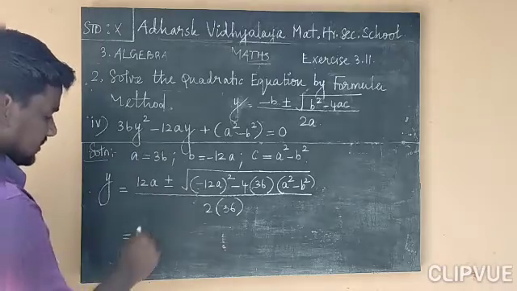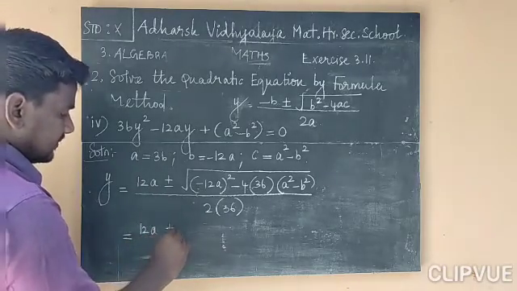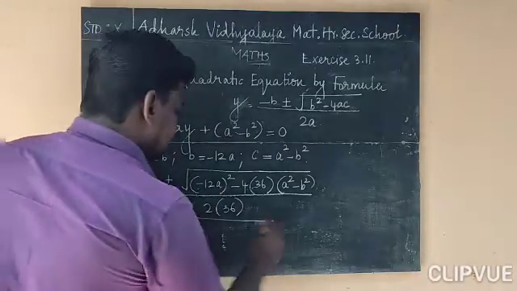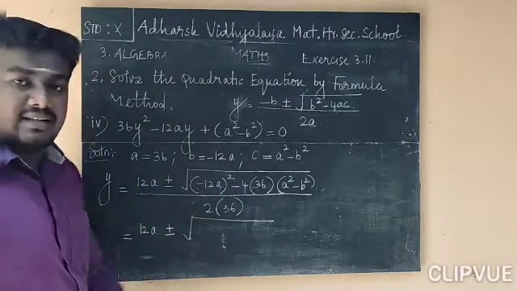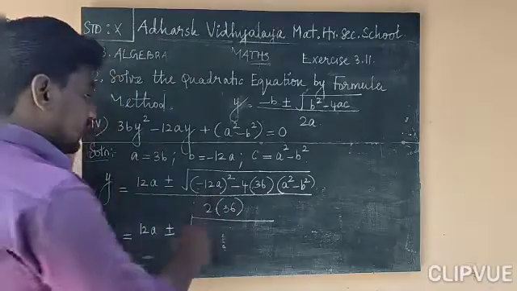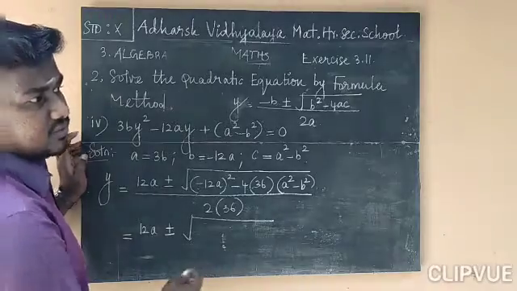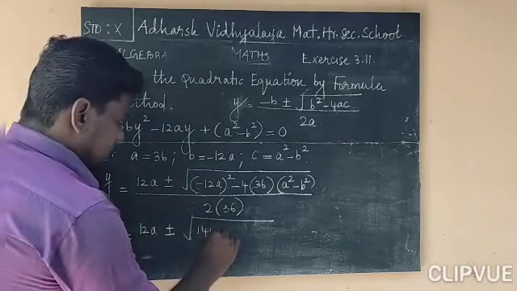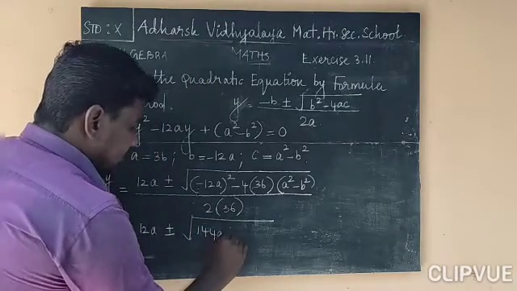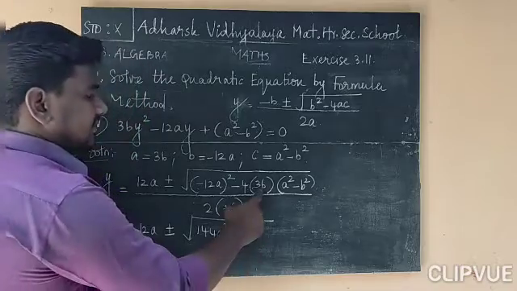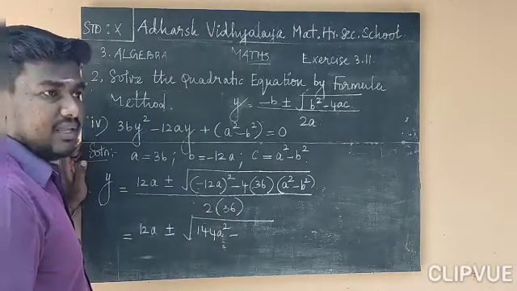So now this is 12a plus or minus root of 12 square, that is 144, you know that. So minus 12a whole square means that is also plus 144 a square, minus 36 into 4, 144.